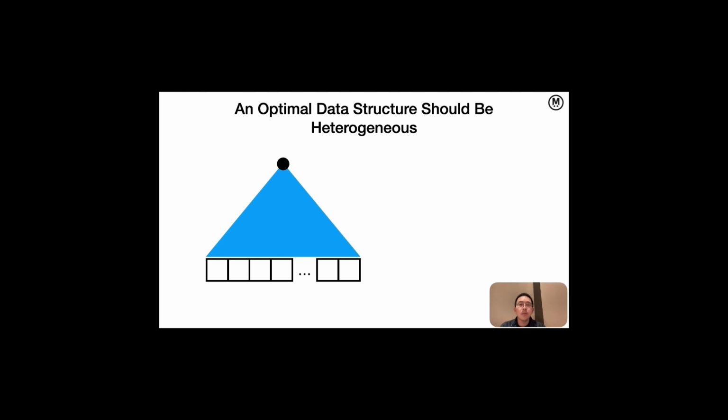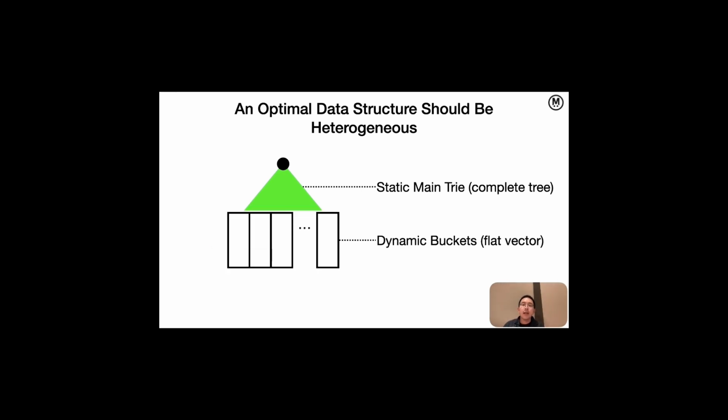So our solution, from first principles, is if the top levels are fine and not sparse, then you can replace them by just enshrining a complete tree, right? Because they are almost complete anyway. So we replace the top levels of a Merkle-Patricia trie or any radix tree with a complete tree, which is maximum efficiency in terms of space. And then, because it's the bottom layers that are causing sparsity, we don't use a tree-like structure for them.